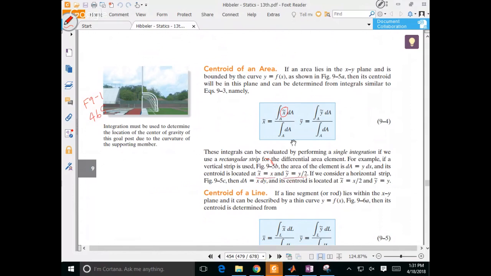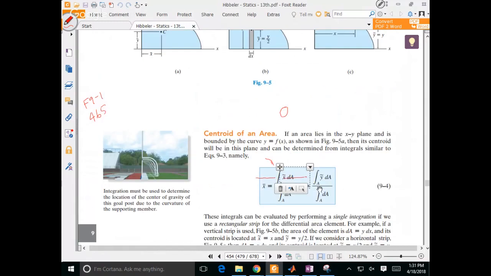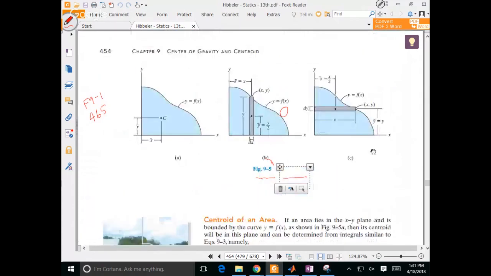Okay. Oh, he does have a picture. 95C. Let's find 95C. Where's 95C? Oh, there it is. So in other words, look at what happened here. You got a strip. You're identifying the centroid of that strip. Pretty easy here. The centroid of that strip is exactly there.